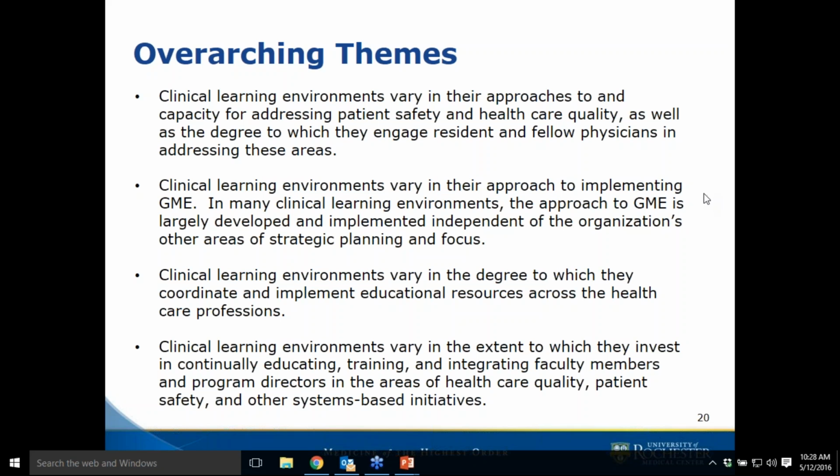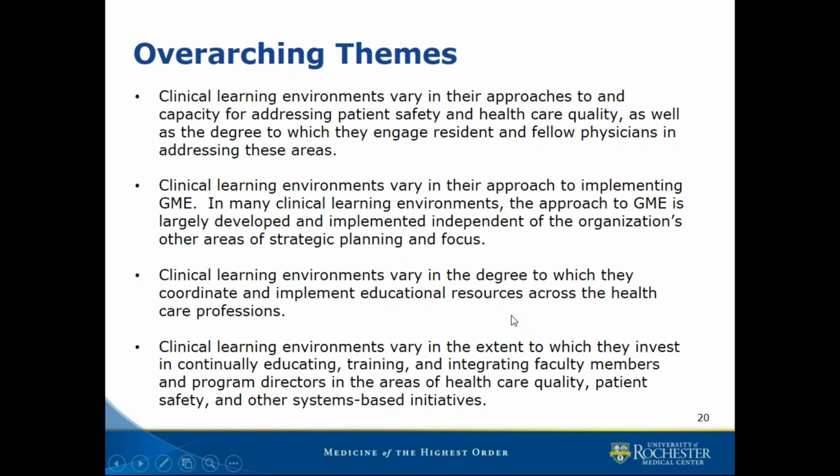Basically they found that there's a lot of variability in the learning environments on how they're addressing safety and quality. And there's a lot of variability in how each of the learning environments have integrated their residents into those activities in their hospital.